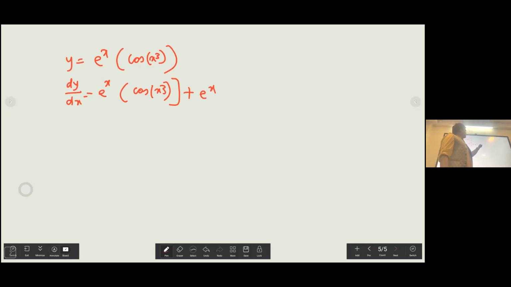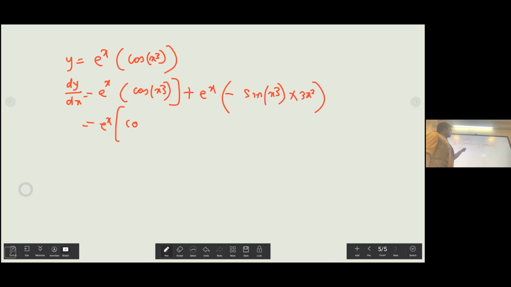The derivative of cos of x cube is negative sine of x cube times 3x squared. So lots of times you need to take e to the power x common, so you can simplify the expression. So it'll become cos of x cube minus 3x squared sine of x cube. So this is the derivative of this part.